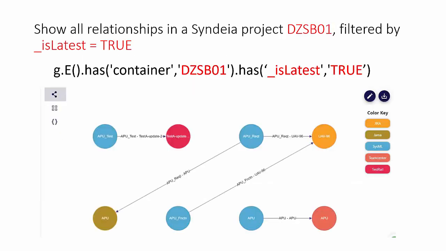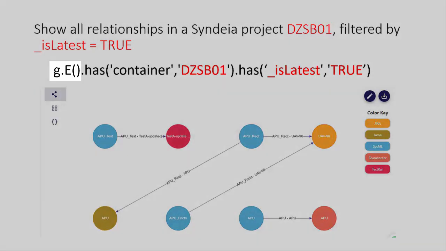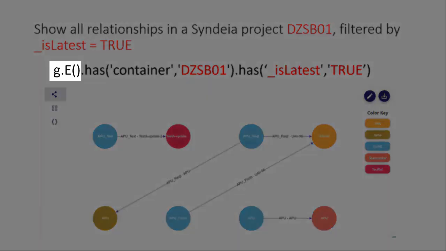Our first example asks for all relationships, or edges, meeting two conditions. They are part of a specific Syndeia project, DZSB01, and they include only the latest version of the relationships. We can break down the Gremlin query. We start by asking for edges.